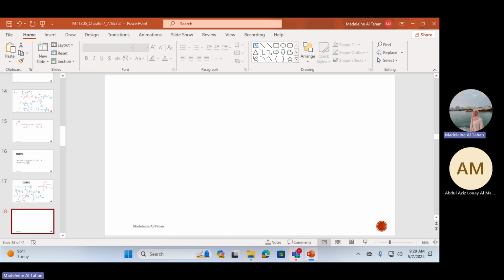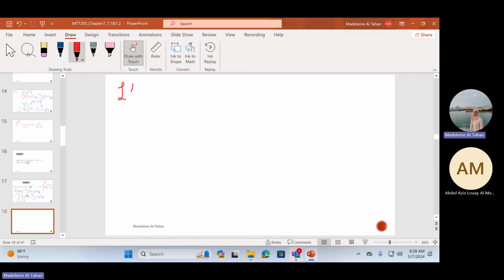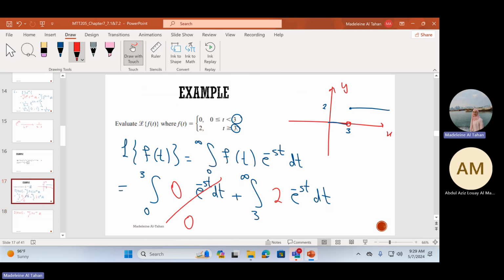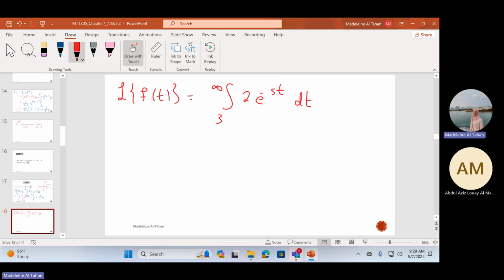So the Laplace of f is equal to the integral from 3 to infinity of 2 e minus st dt, right, Miss? Because the first one is 0. We took just the second one. What's the integral of the second one? 2 is a constant, right? The 2 stays the same. E power negative st stays e power negative st, and we should divide by negative s, between 3 and infinity.